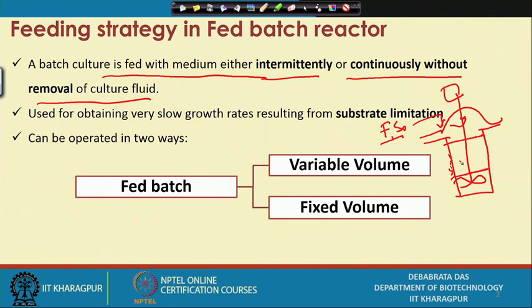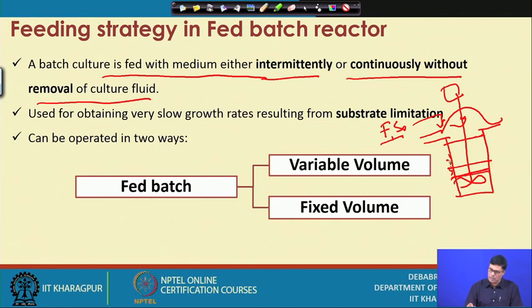So, this is the fed batch, and this feeding may be of two different types. One is variable volume, one is fixed volume. Variable volume means you can slowly increase the volume like this, and fixed volume means with respect to time, you can keep on adding some volume in this particular reactor.